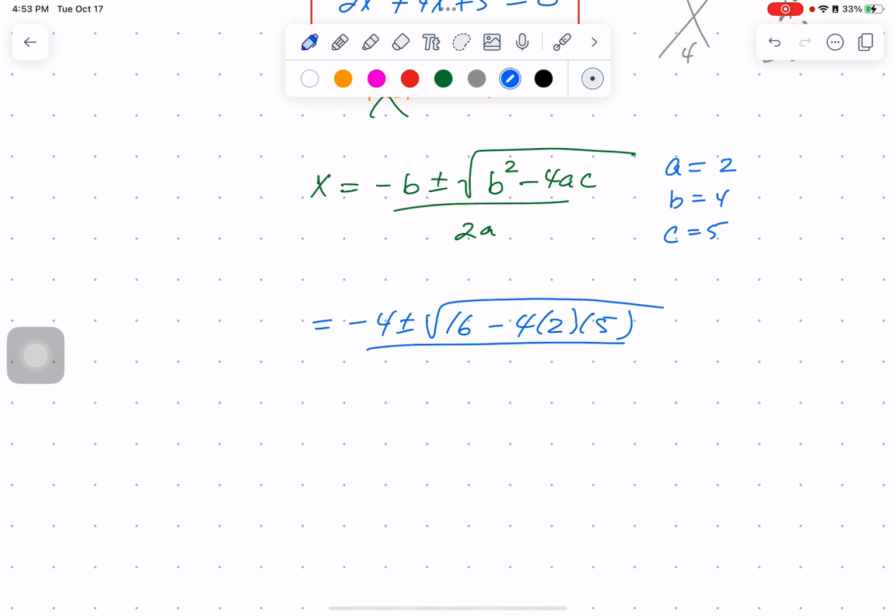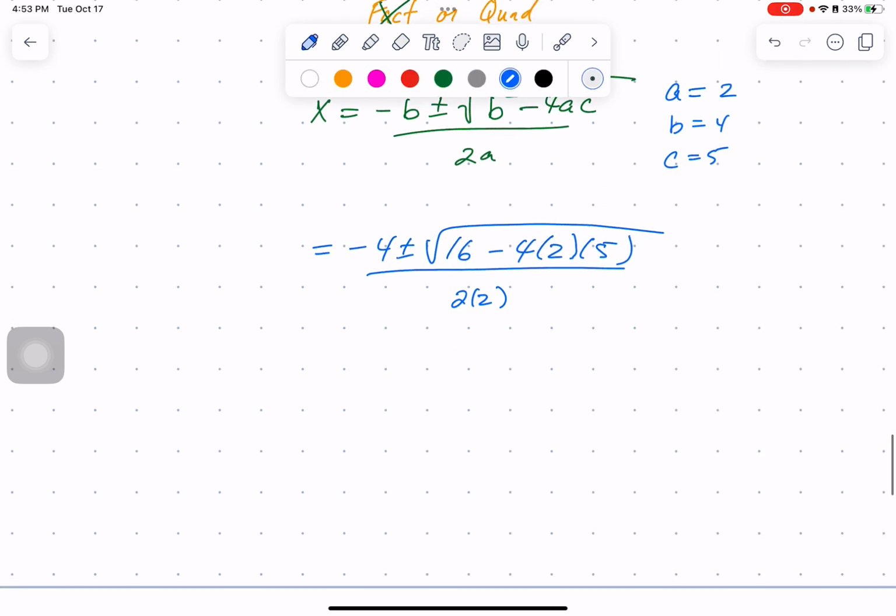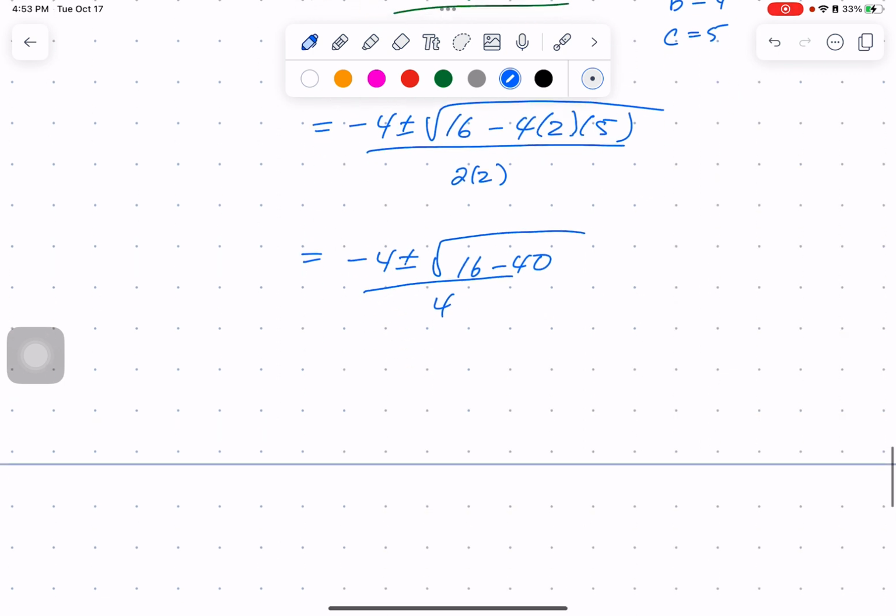Do you notice something? This is a pretty big number. That's going to be 40. I'm going to get 16 minus 40. That's going to be a negative under that square root, so that's going to be complex roots. So 16 minus 40, that seems kind of hard. I better use my calculator. Negative 24.